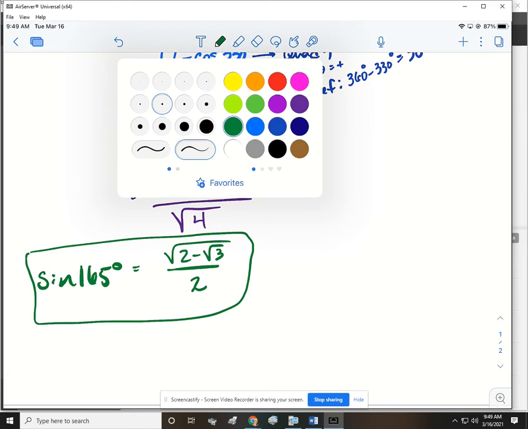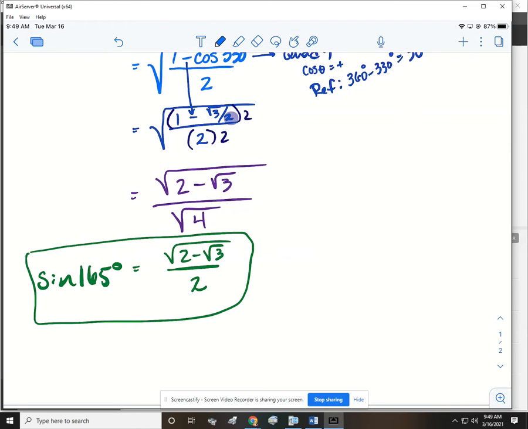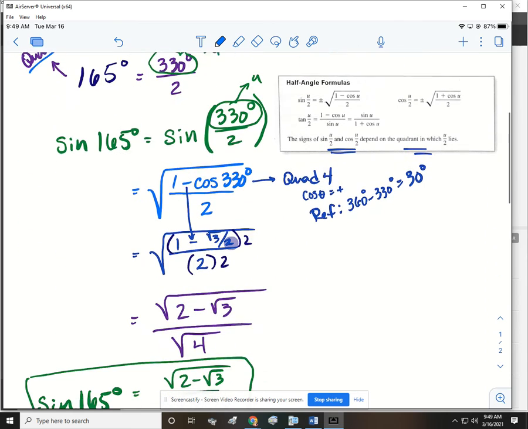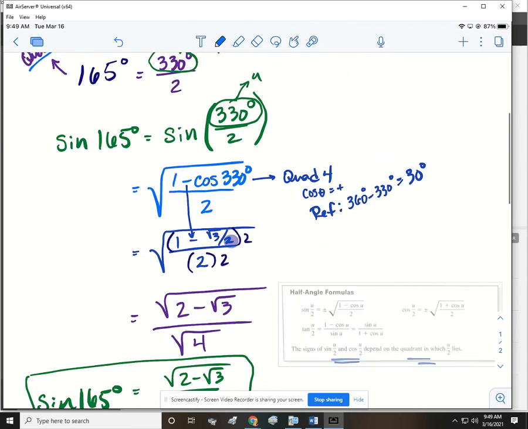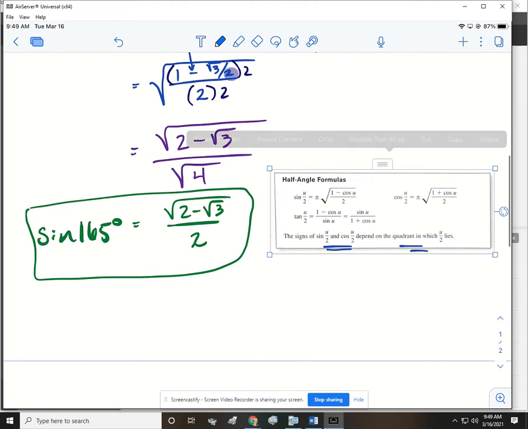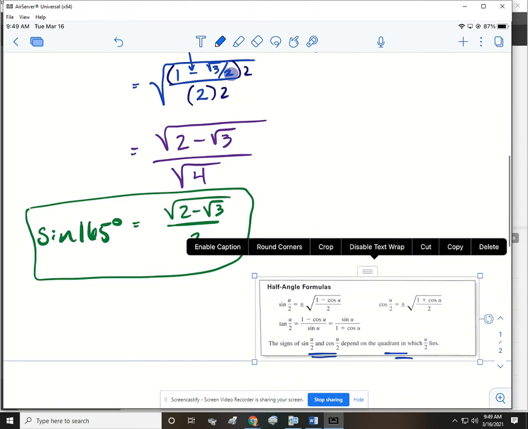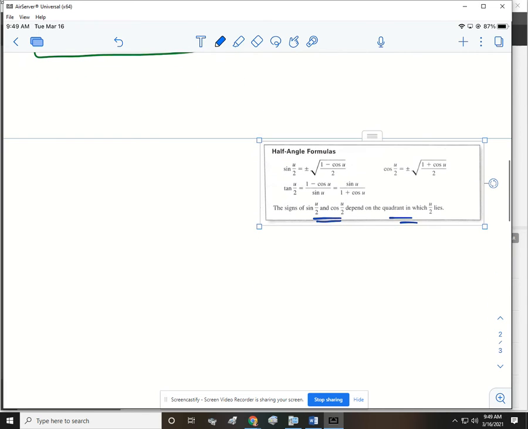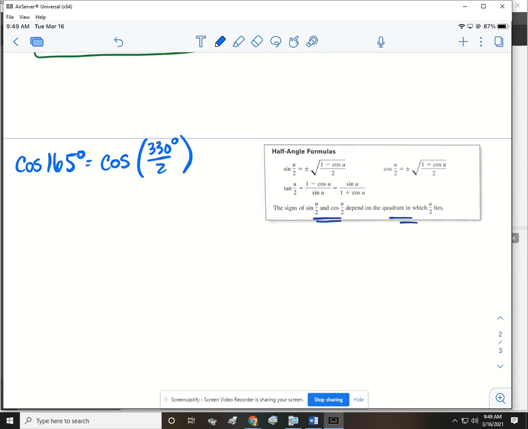Okay, so now we're going to do the cosine of 165 degrees. And we've already figured some things out, so that might make this a little easier for us now that we know some things about 165 degrees. The cosine of 165 degrees is going to be equal to the cosine of 330 degrees divided by 2. So we'll use our cosine of half u formula.